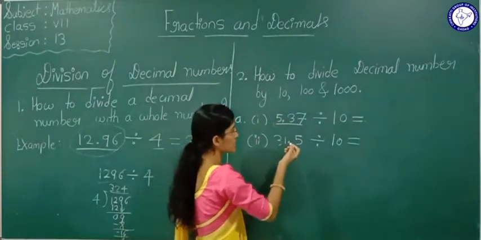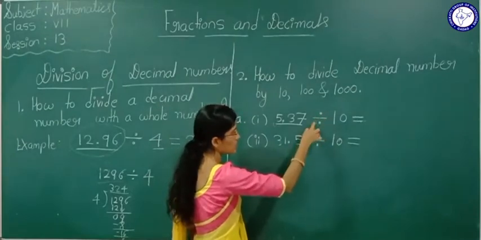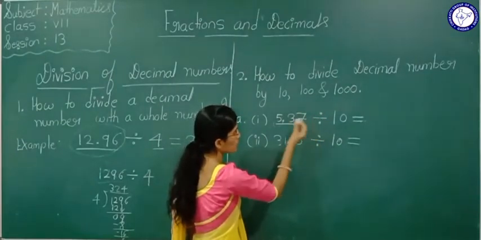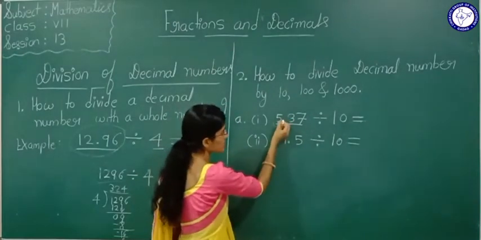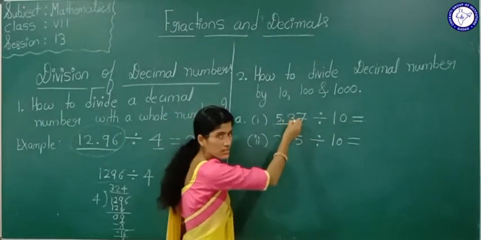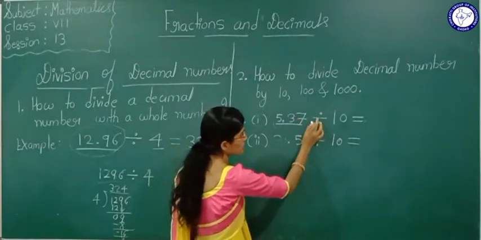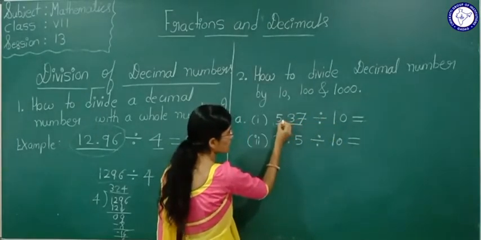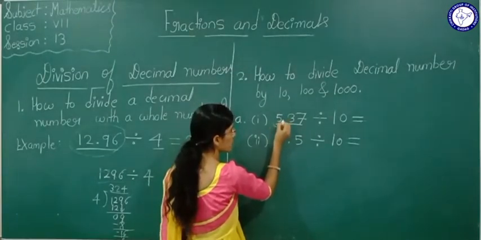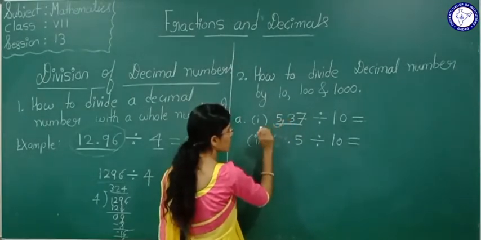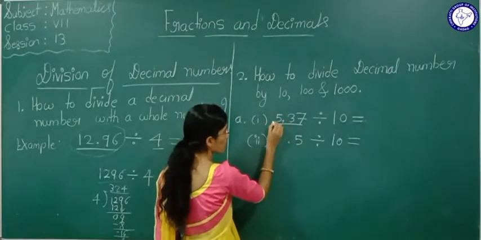In multiplication, you were supposed to shift the decimal point to the right side. Now if you want to divide by 10, shift this decimal point to the left side by 1 place. So what will it become?